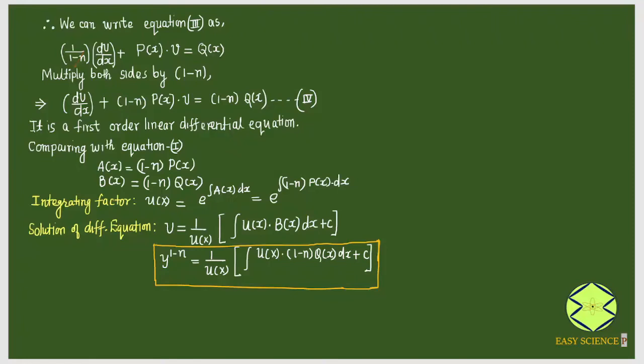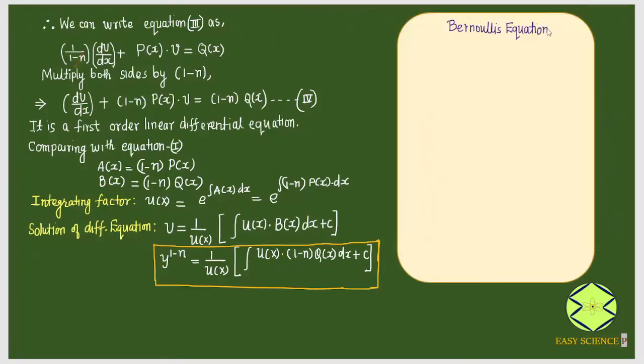Now let me give you the complete methodology, a summary of how to solve a Bernoulli's equation. What is the standard form of Bernoulli's equation? How is it going to look?